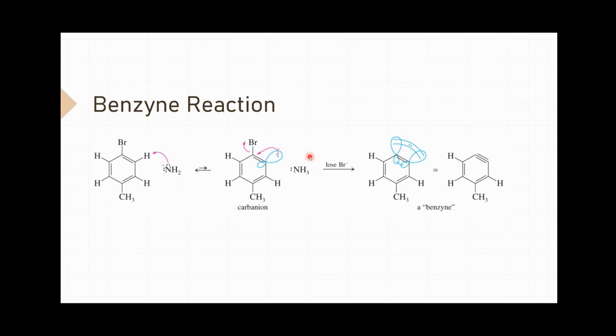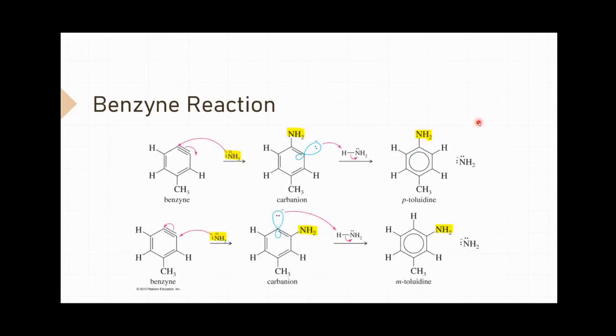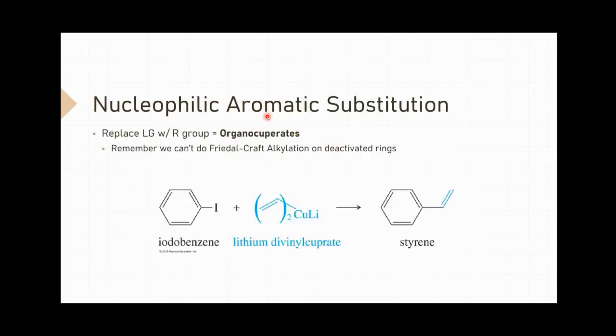Here's the mechanism. I don't think you guys need to know it, but it'll make a triple bond. So it's going to attach to either side of the triple bond, so you're going to have a mixed product.